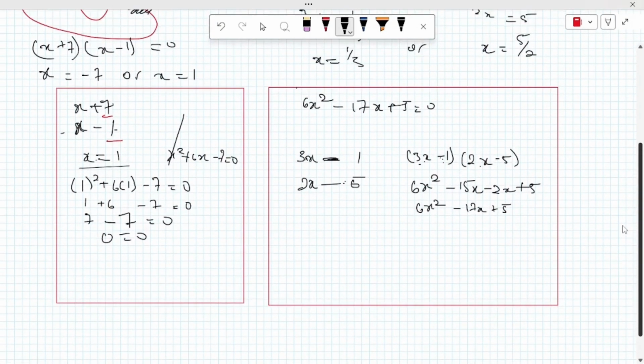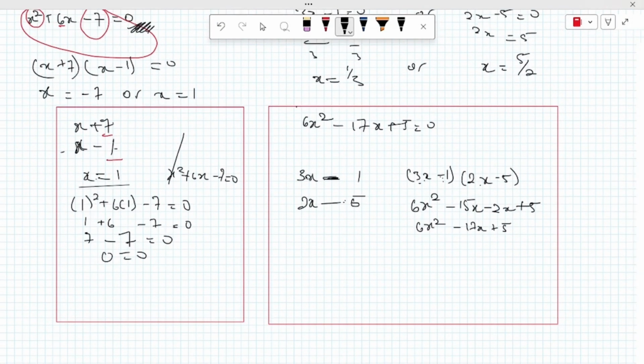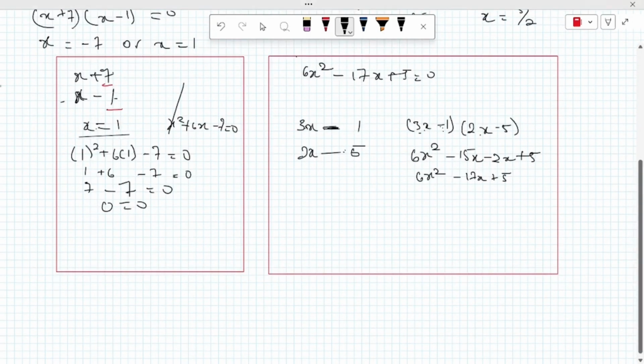All right. So to check our answer, it's checking time. We're going to use x is equal to 5/2.